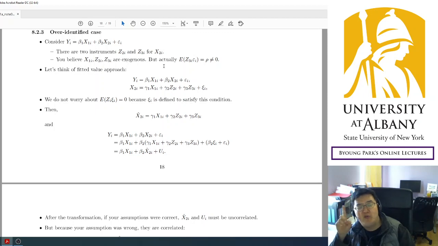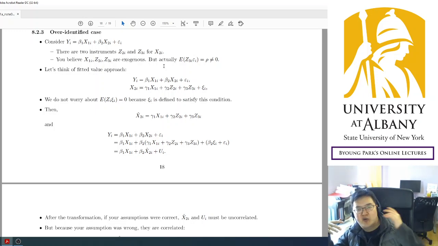We only need one. One is sufficient, but somehow we find two instruments, so we are going to use two instruments. In general, as long as the two instruments are correctly specified, they are exogenous, then using an additional instrument will be better. It provides more variation that you can utilize in analysis, so your estimator will be more accurate.